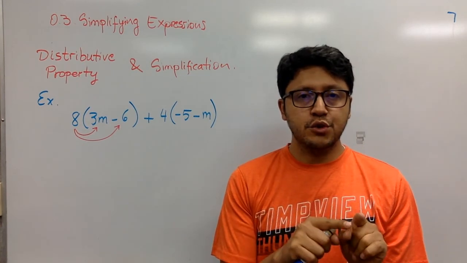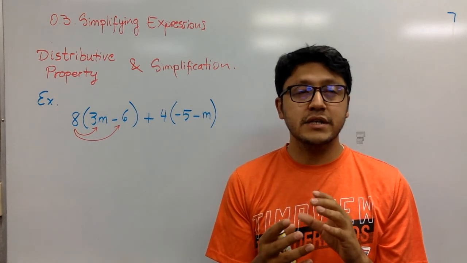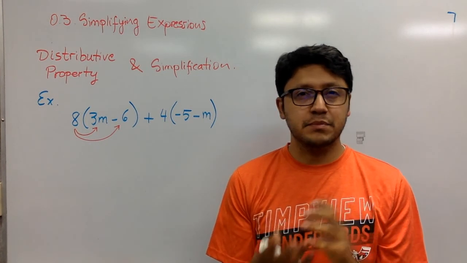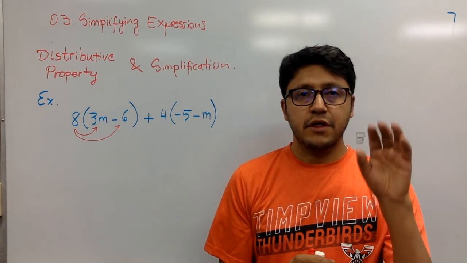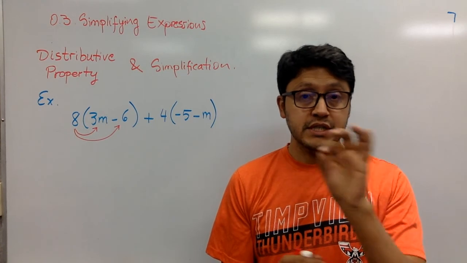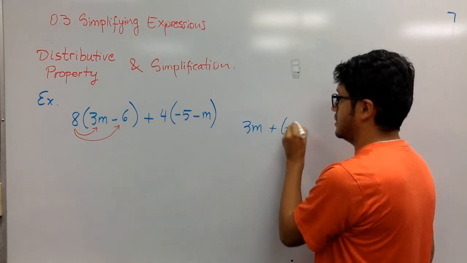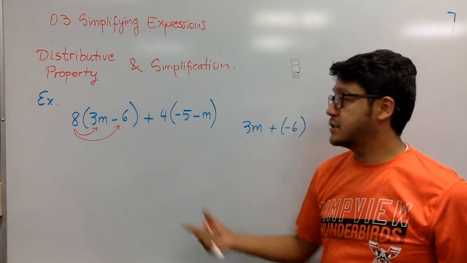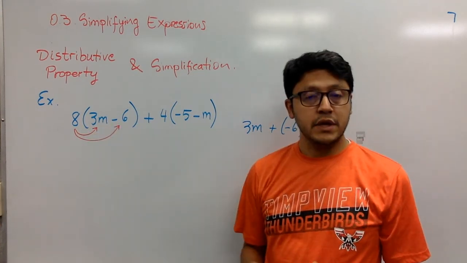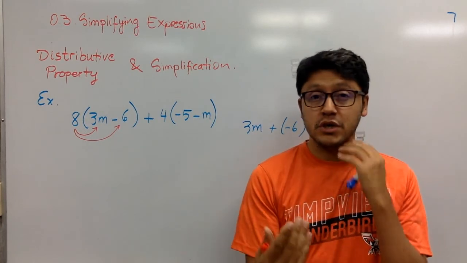You could say 3 minus 6, and you could say it's a -6, it's a +6. You can interpret that in two ways. You have 3m plus -6, which eventually can be simplified to this form, right? Just so you don't get confused between the negative sign and the minus on the operation.